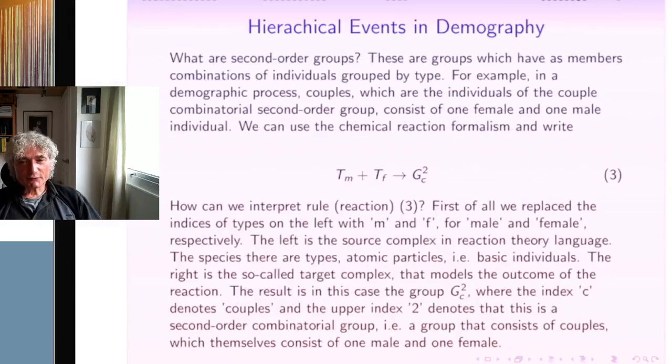I wanted to show you this kind of a transition, which is an example from demography. Here you can very nicely see why, for example, demography is a natural playing ground for hierarchies.